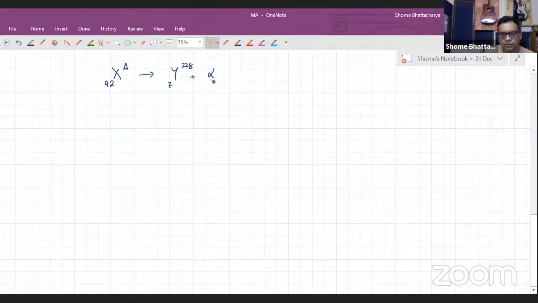Now alpha particle, you know, is this helium nucleus. So this E will become equal to 228 plus 4, so 232, and this Z will become 92 minus 2, so 90.